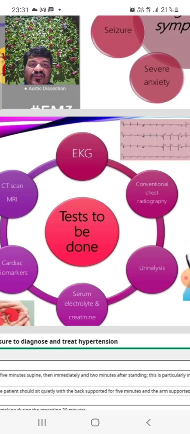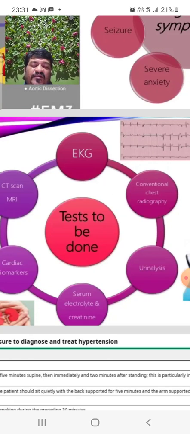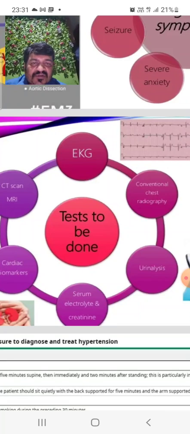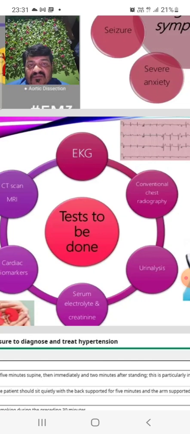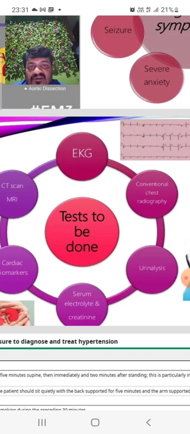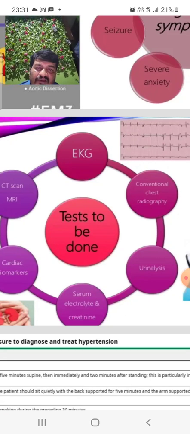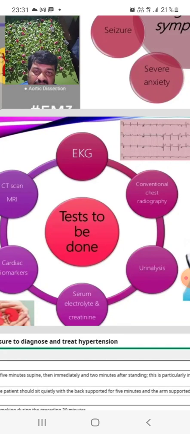Second is conventional radiography: if we think the patient is suffering from hypertension, we will also get cardiomegaly in the chest X-ray. In urinalysis, many times you get the possibility of nephropathy, so you'll get urinary proteins. That is serum electrolytes and creatinine.